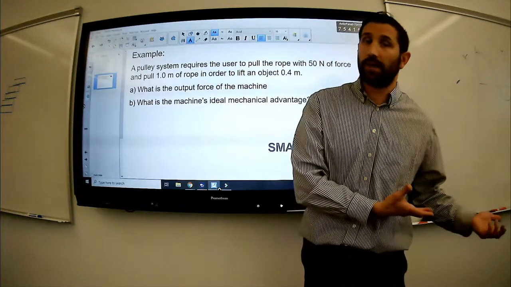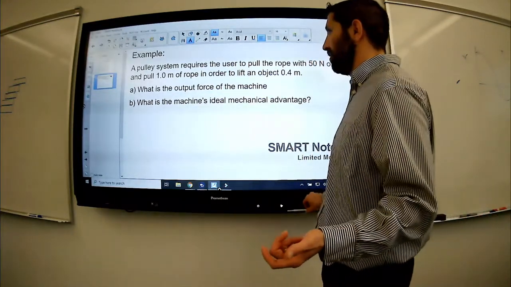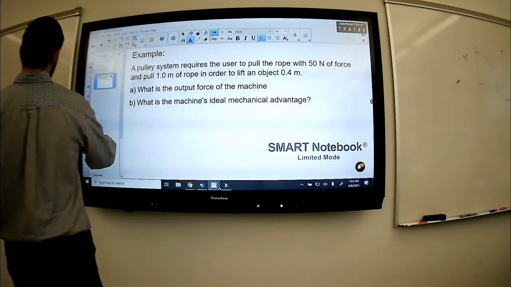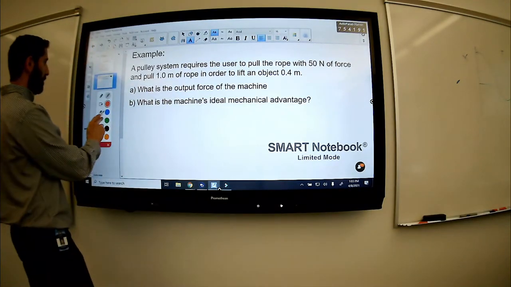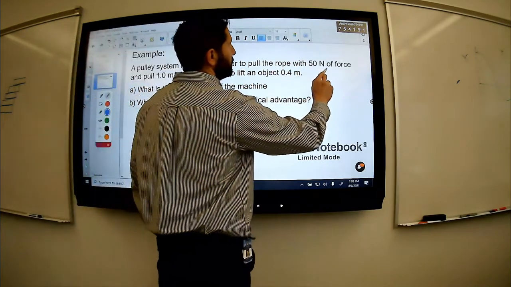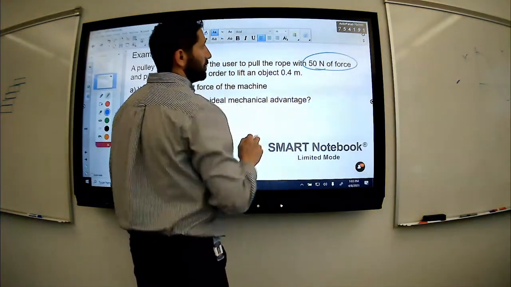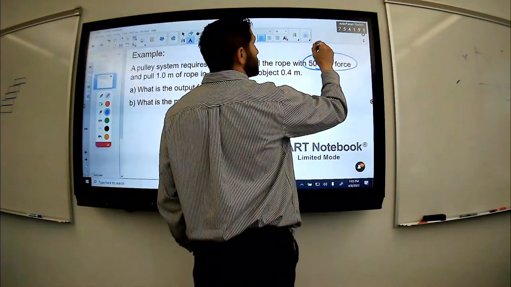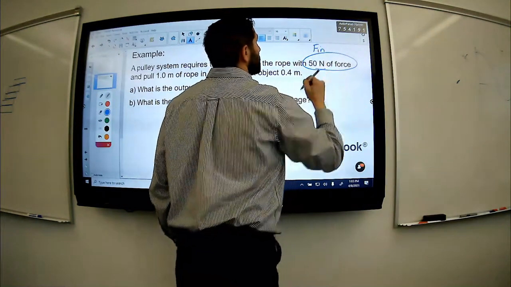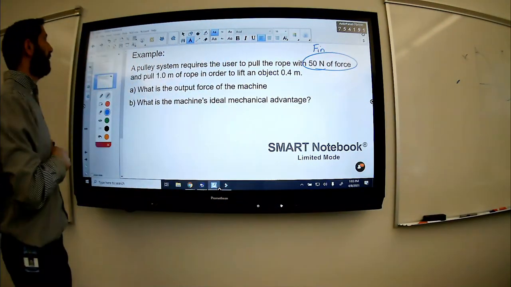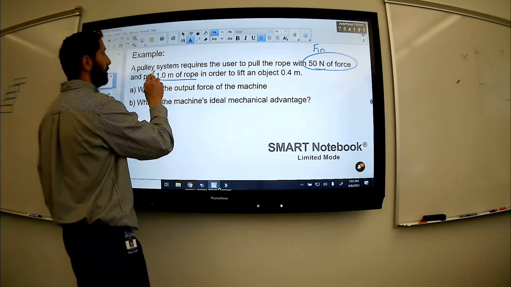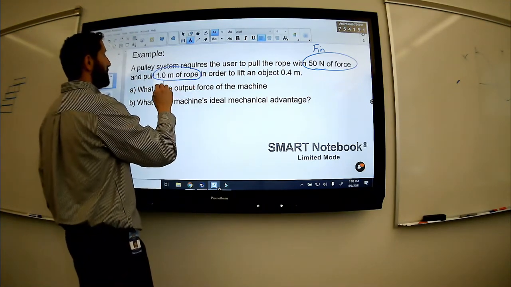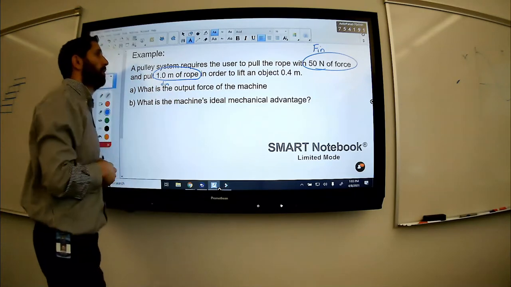That's our output. All right, so when we look at this, the user is pulling with 50 newtons of force. So that's the input force. We'll call that F in. The user has to pull 1 meter of rope. That's the input distance, D in.